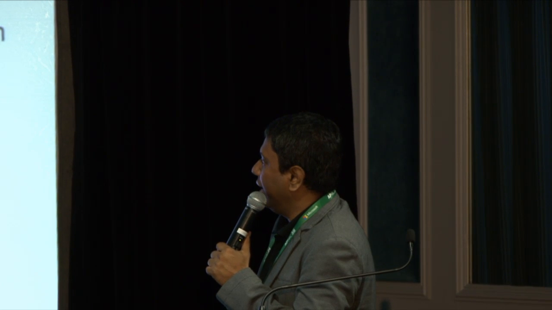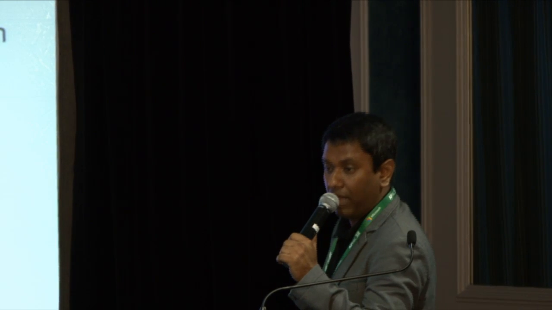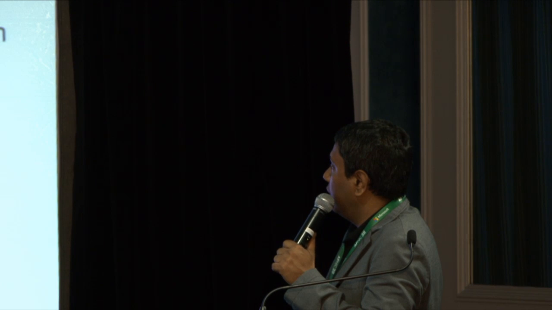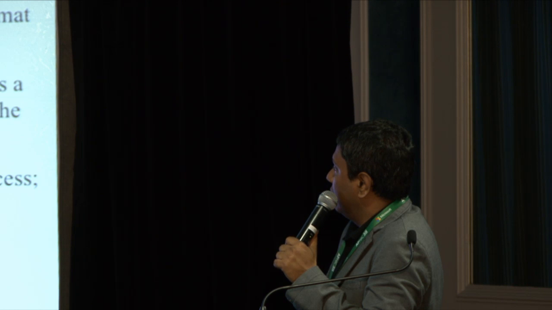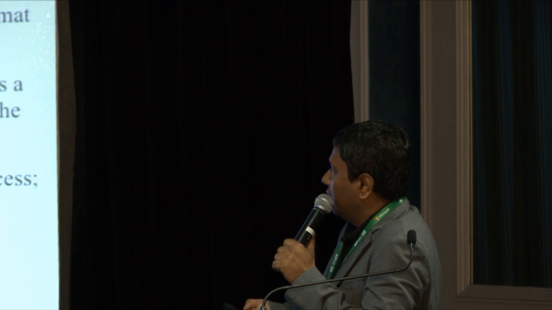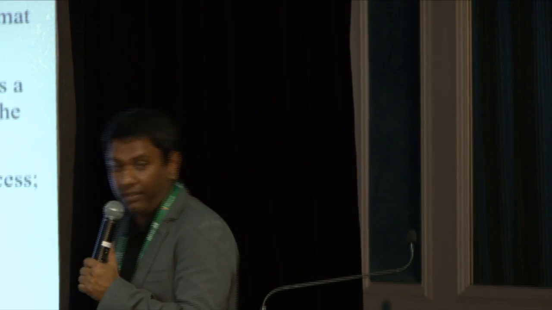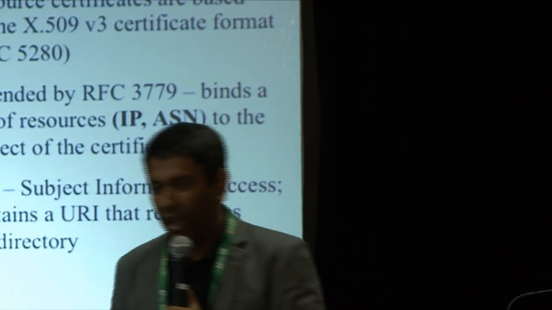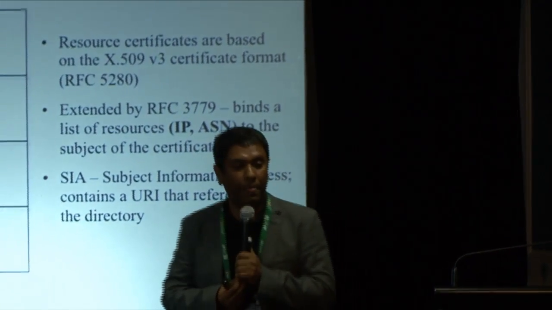Yep, so the ROA is a digital object that contains the list of addresses that you have, the list of addresses that you have and originating from an AS number. That's what an ROA is. So this is sort of a certificate attached to the prefix. That certificate is an X.509 standard certificate with a little update.